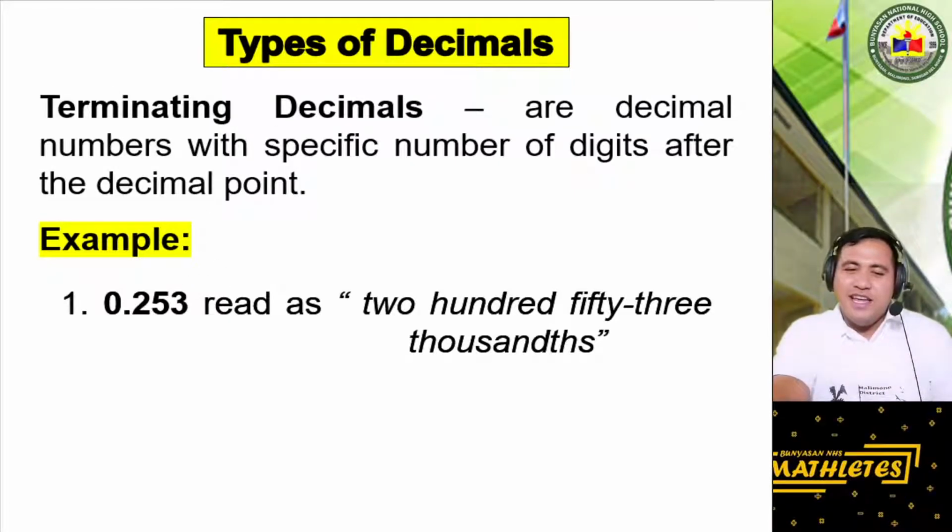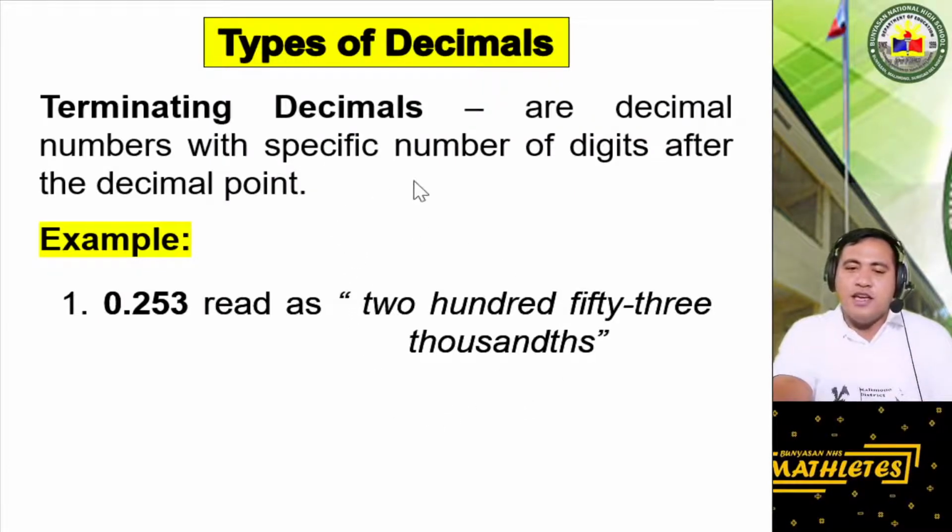The 2 is in the tenths place, 5 is in the hundredths, and 3 is in the thousandths. That's why it is read as 253 thousandths.